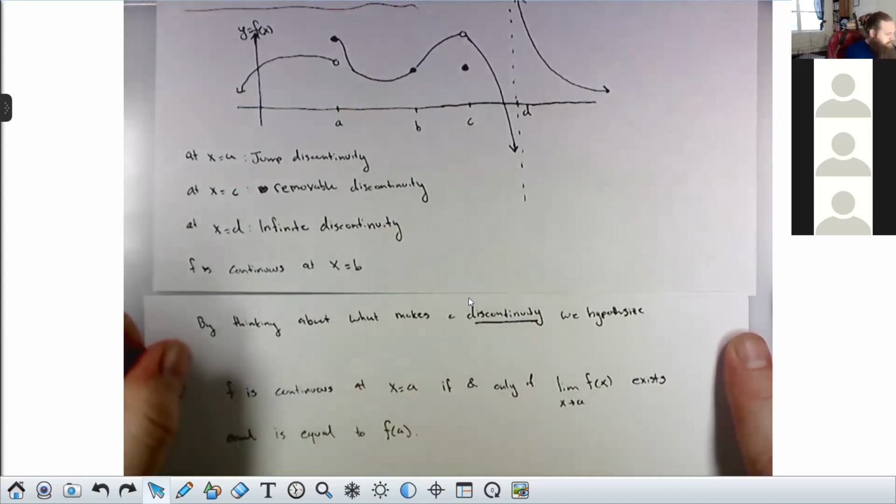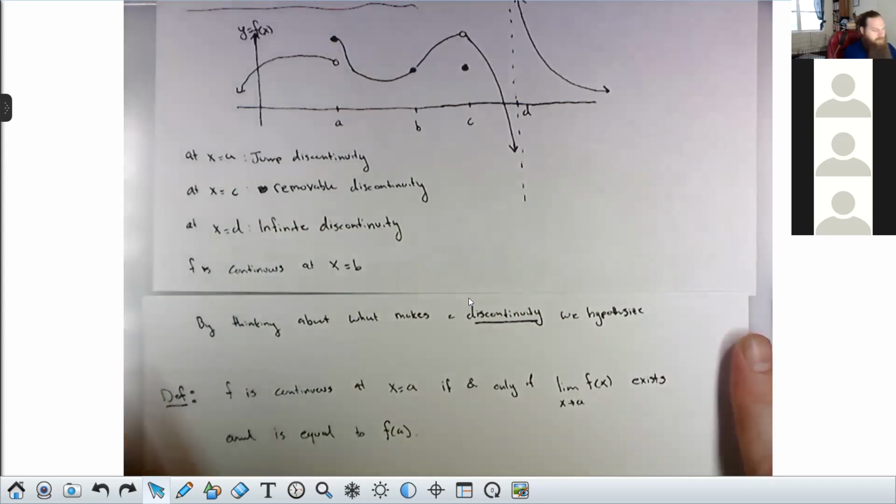And for a Calc 1 class, this is usually taken as the definition.